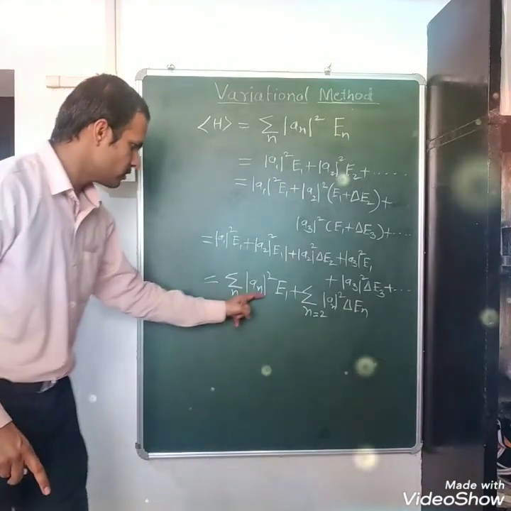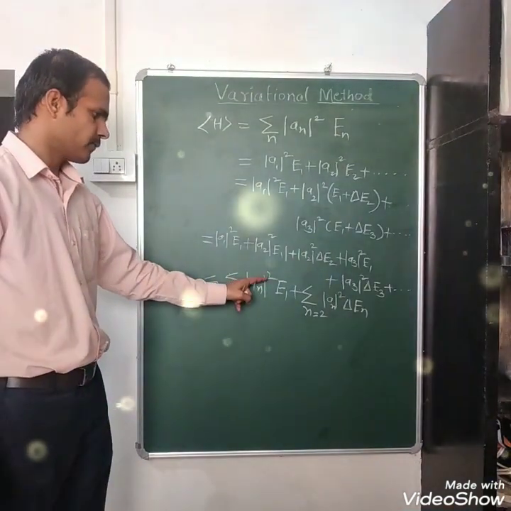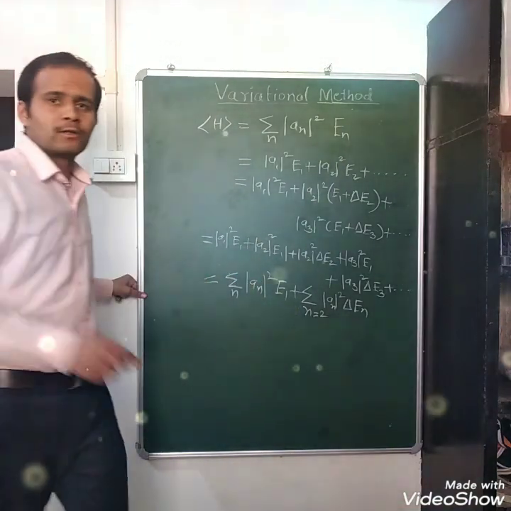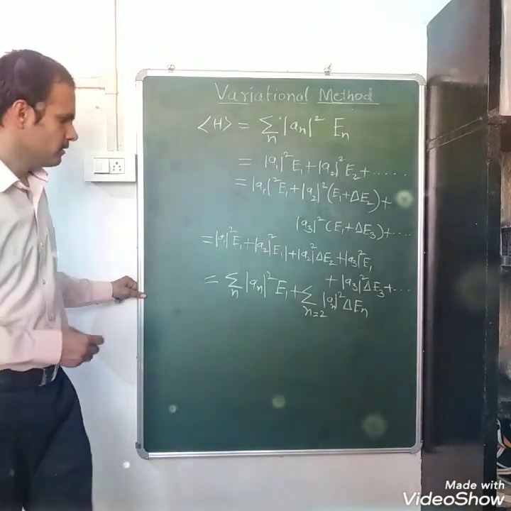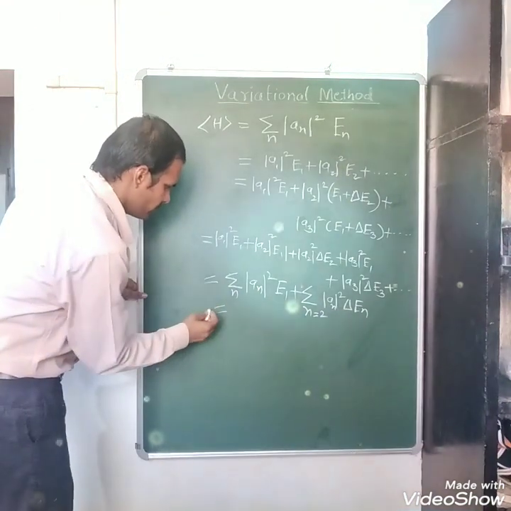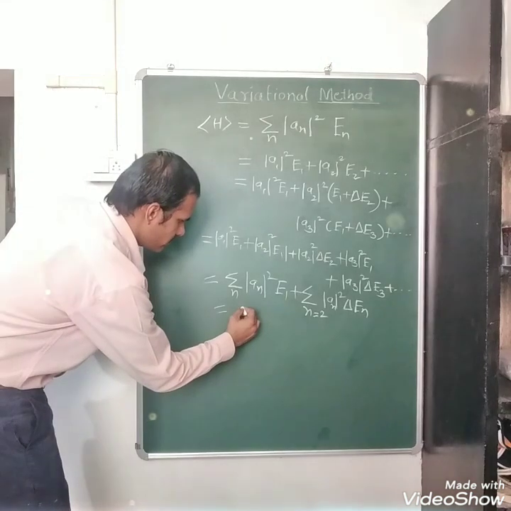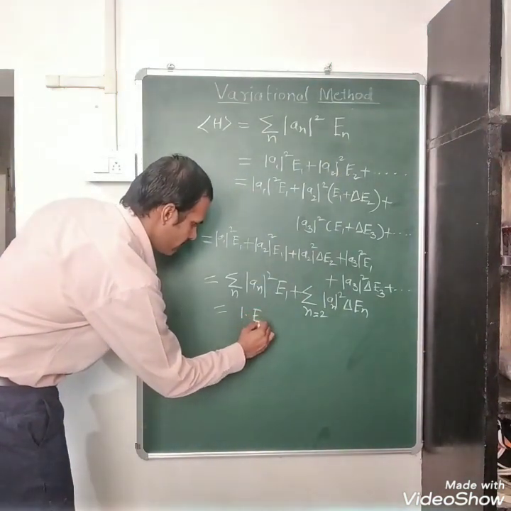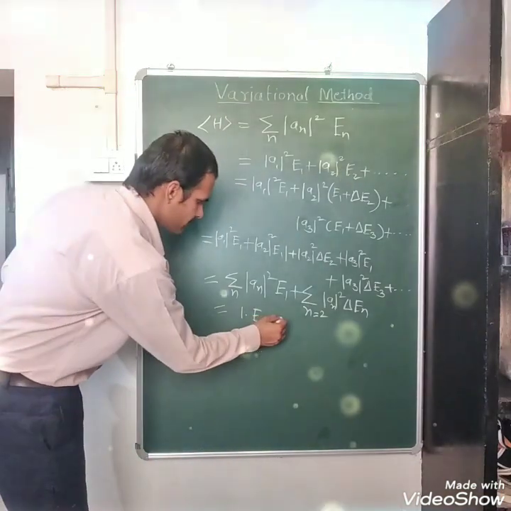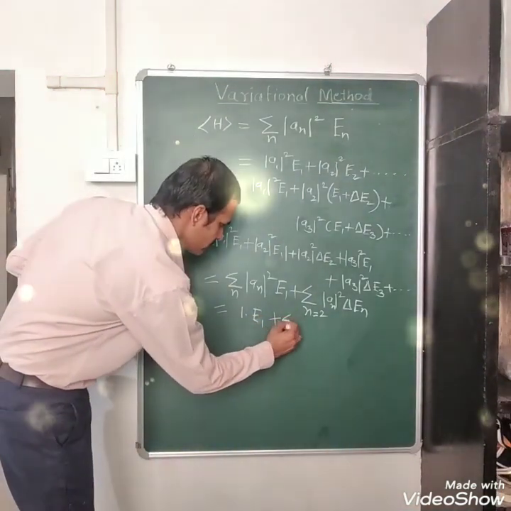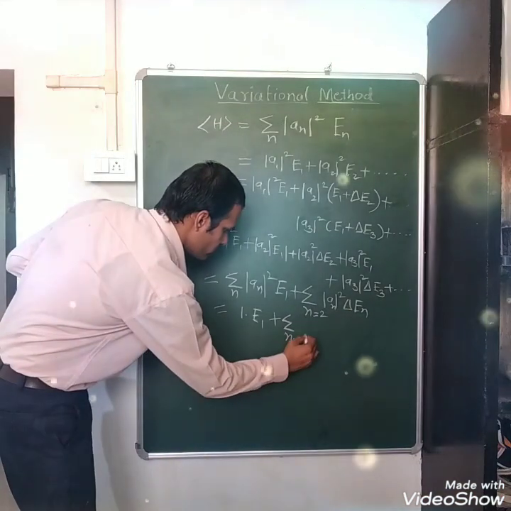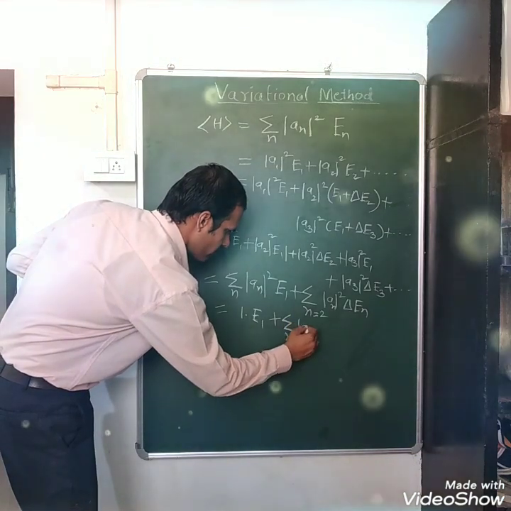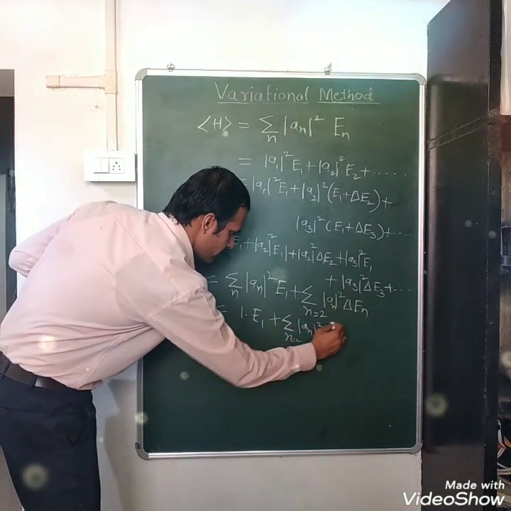So this summation of an square will become 1. Then we can write this is equal to 1 into E1 plus the summation over n equal to 2 to infinity of mod an square delta En.